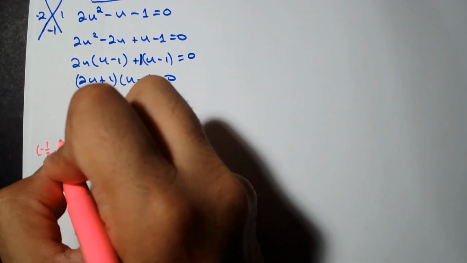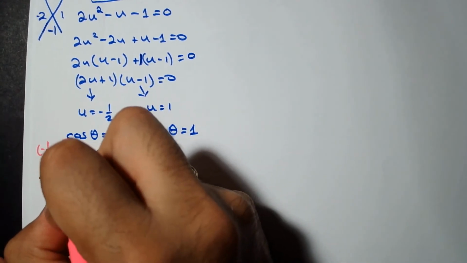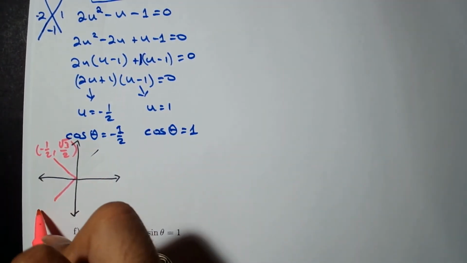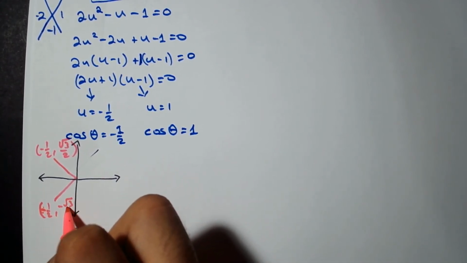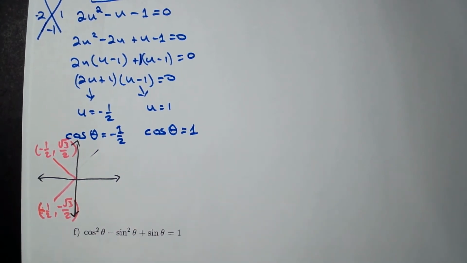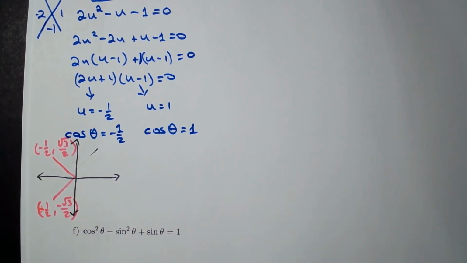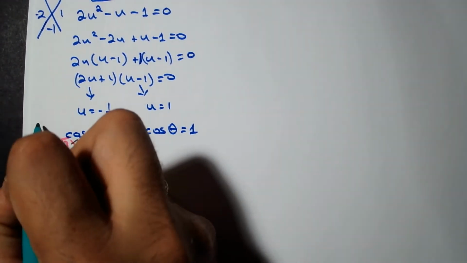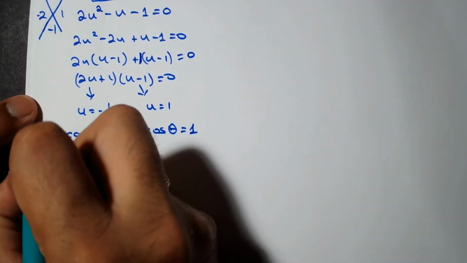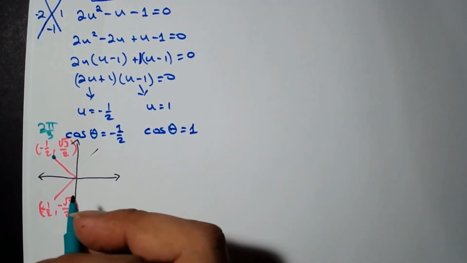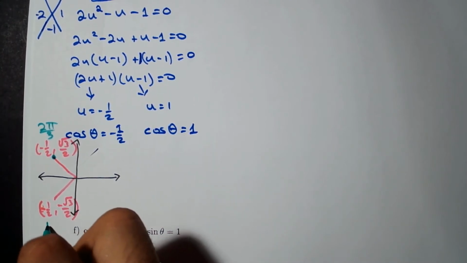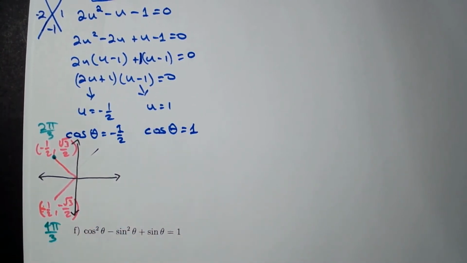Negative 1/2, root of 3 over 2, and over here, negative 1/2, negative root of 3 over 2. The angles that are going to be the good ones here: let me use a different color. This angle right here is going to be 2 pi over 3, and this one right here is going to be 4 pi over 3. Okay, so 4 pi over 3.